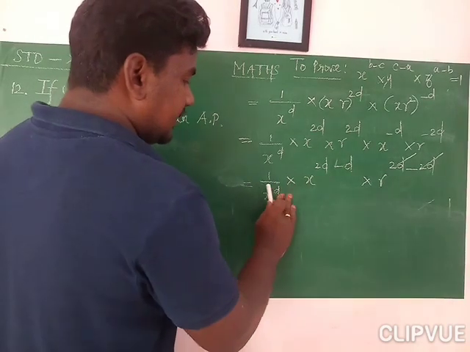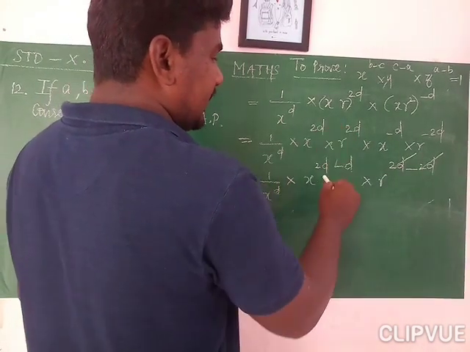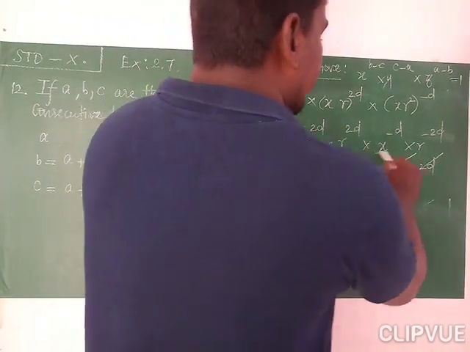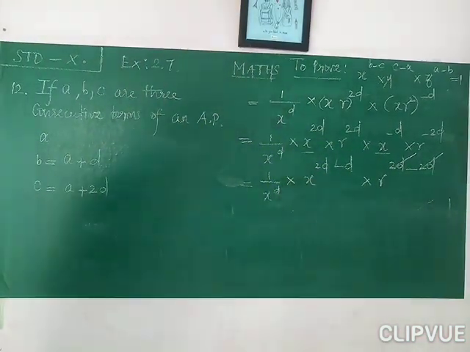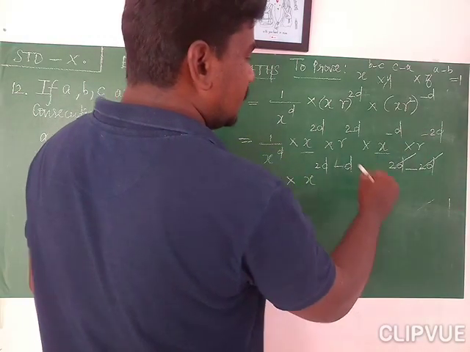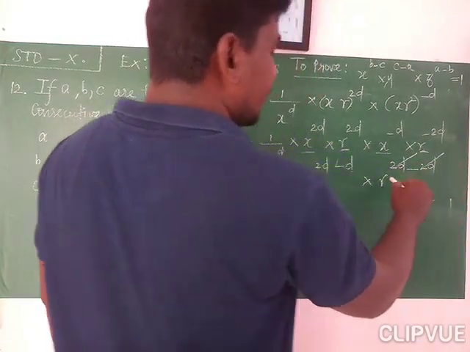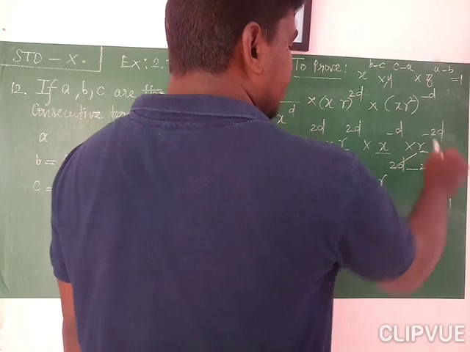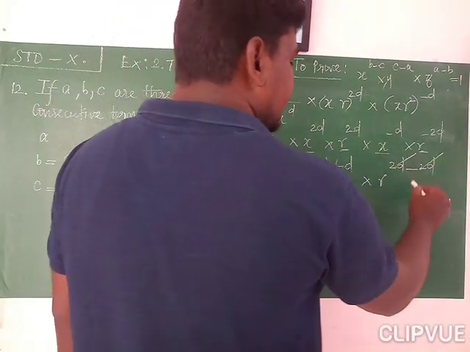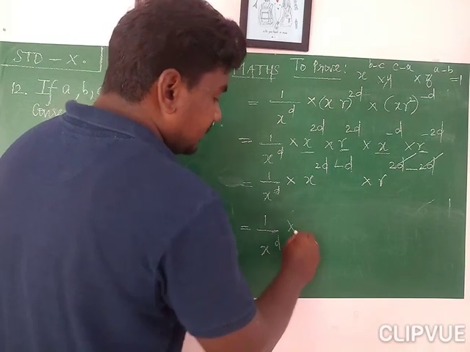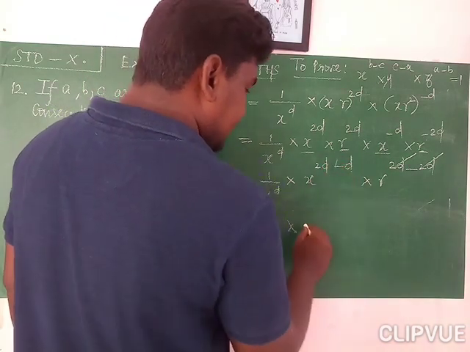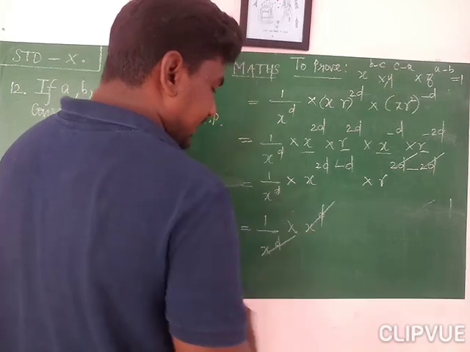So 1 by X power D into X power 2D minus D gives X power D, which will be cancelled.